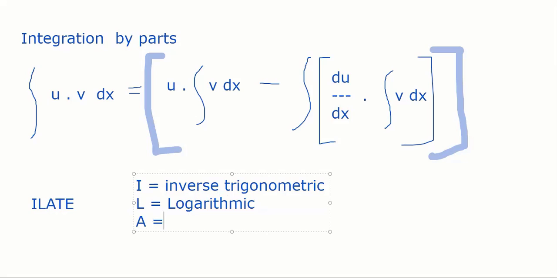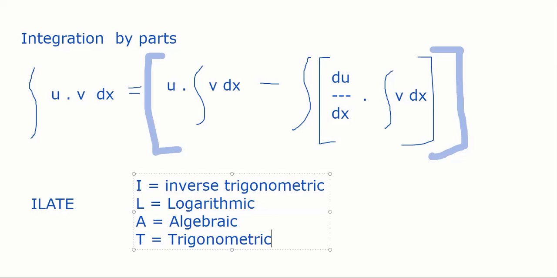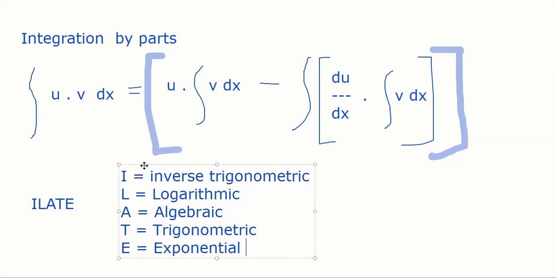A is all algebraic functions. An important point here: algebraic functions come before the T, trigonometric. That is the most important, because that is what we use a lot. And last is the E, exponential function. What does it mean? Suppose if I take a simple question, x log x.